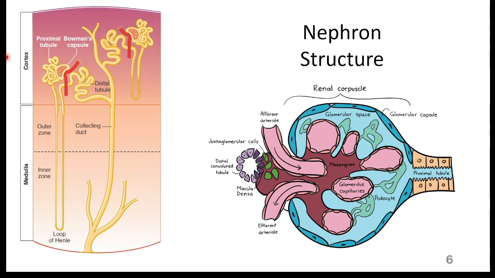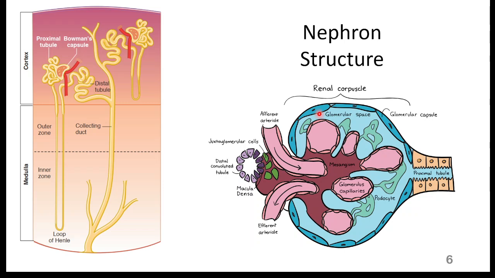The cartoon on the left shows a broad overview of a prototypical nephron. Right, this is the renal corpuscle here. Then we can see the ducts, the proximal convoluted tubules, the loop of Henle, distal convoluted tubule, as well as the collecting ducts.